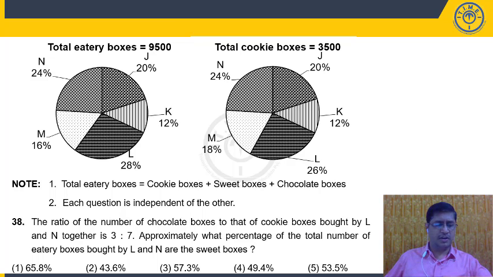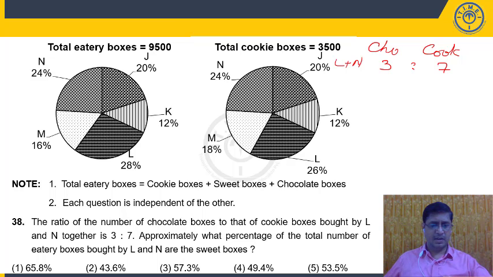Chocolate and cookie, 3:7 by L and N together. Approximately what percent is the total number of eatery boxes bought by L and N?